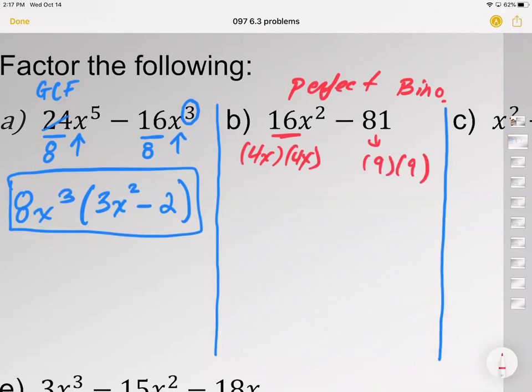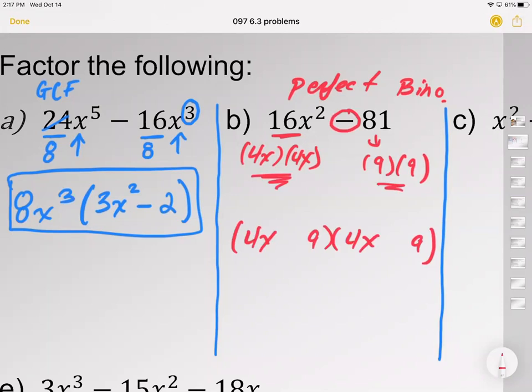And if we recognize that this is a perfect square binomial and they are separated by a subtraction, and before we went on break, I told you that if you recognize that this is a perfect square and they are separated by a subtraction, then all you need to do is put in one of each. In terms of this thing here, 4 times 4 is 16, x times x is x squared, 9 times 9 is 81.